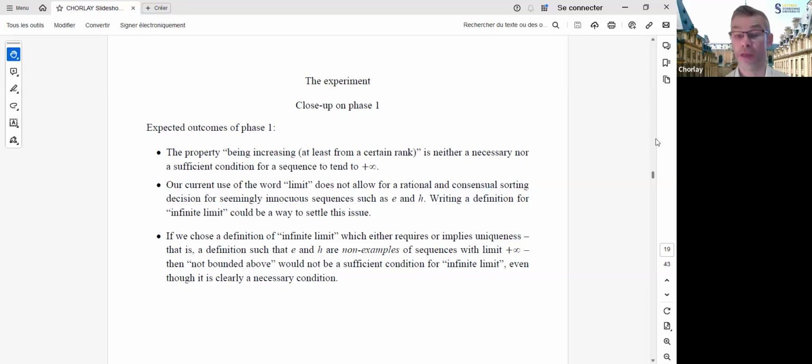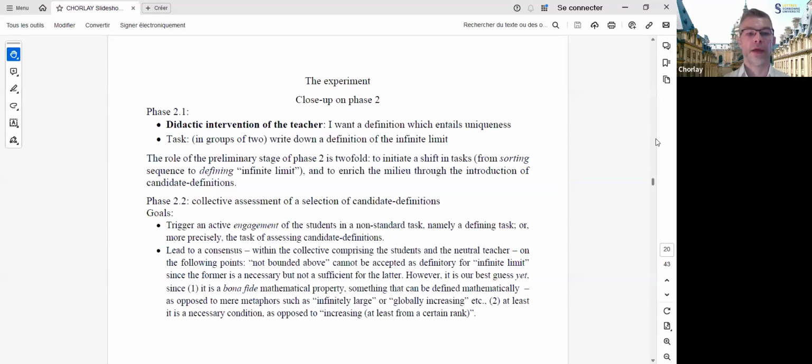It would be if we did not require uniqueness. But okay, so if we require uniqueness, then not bounded above is a necessary but not sufficient condition for infinite limits. Okay, so this was what we were to ideally reach at the end of phase 1.